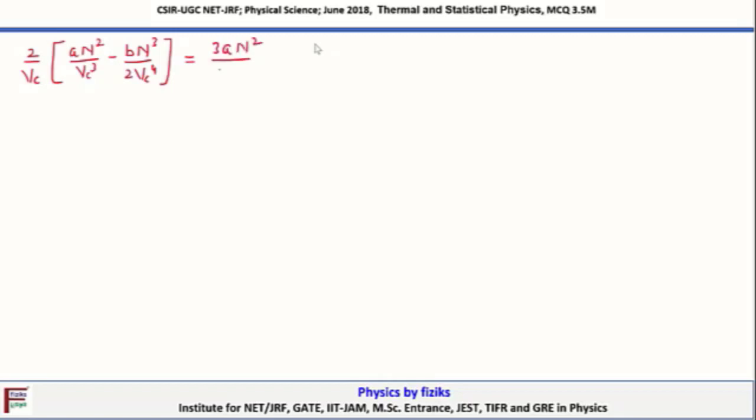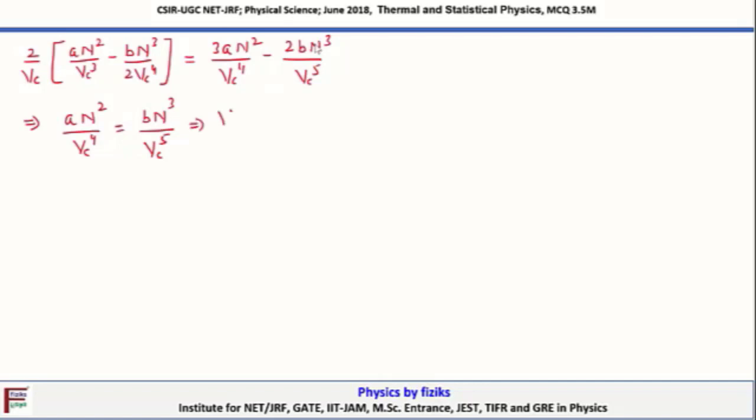And this is equal to 3a n square divided by Vc^4 minus 2b n cube upon Vc^5. Okay, now we have to simply rearrange the terms, and then after rearranging, what we obtain is a n square upon Vc^4 is equal to b n cube divided by Vc^5.